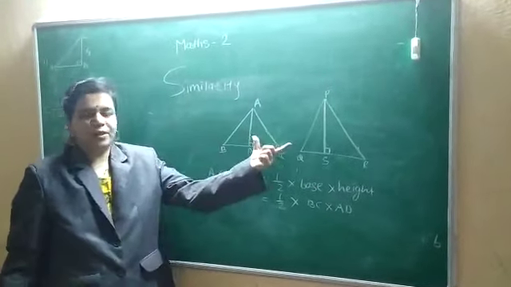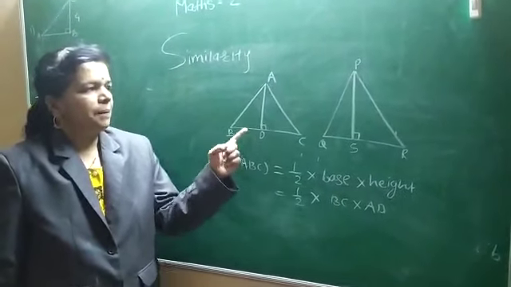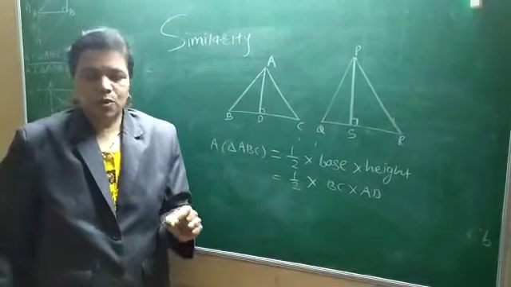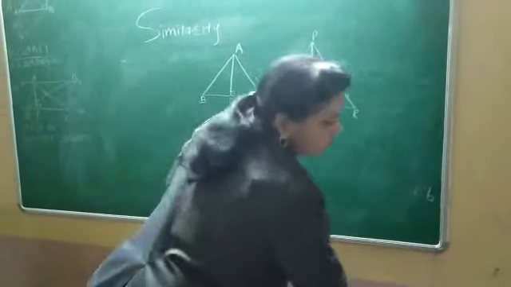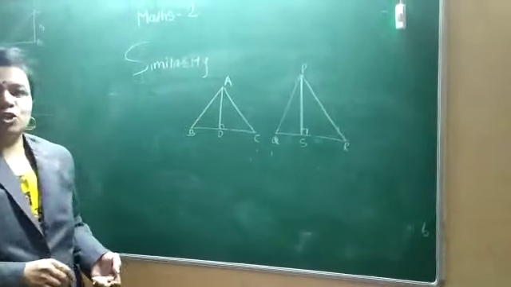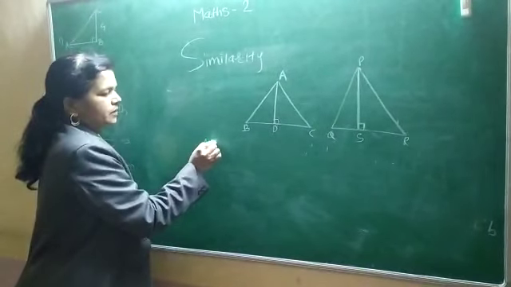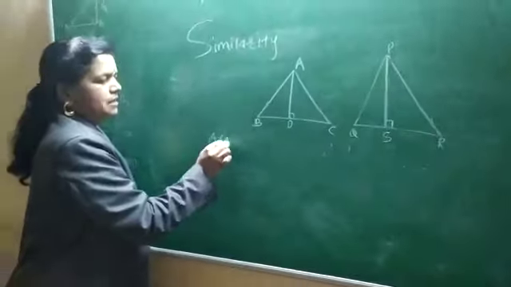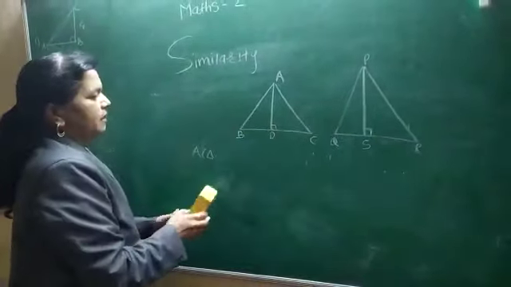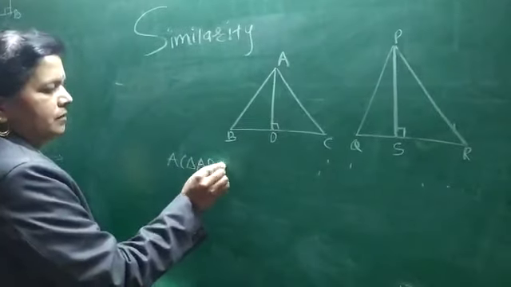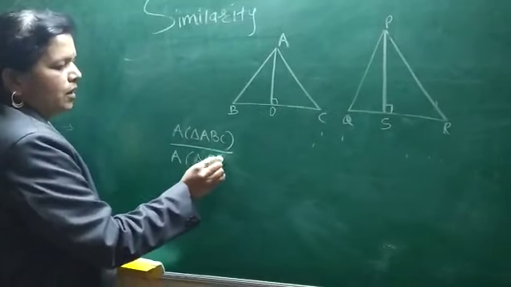Now here we are considering two triangles, triangle ABC and triangle PQR. We are taking the ratio of areas of two triangles. Our first triangle is triangle ABC, and another triangle is triangle PQR.